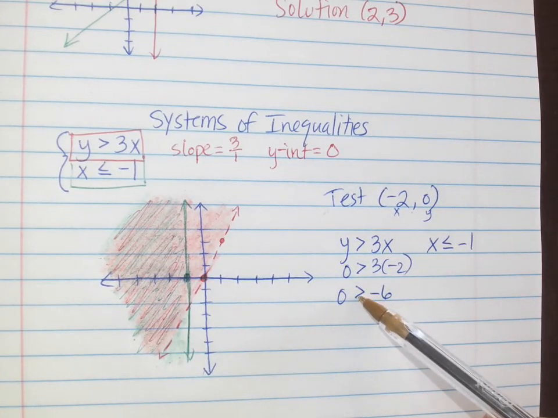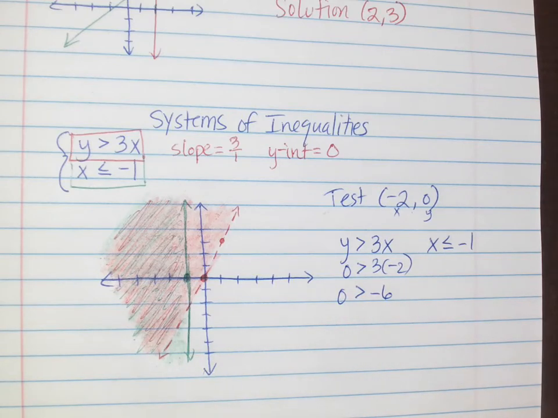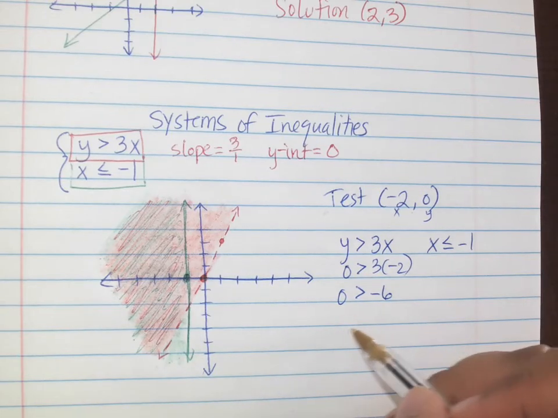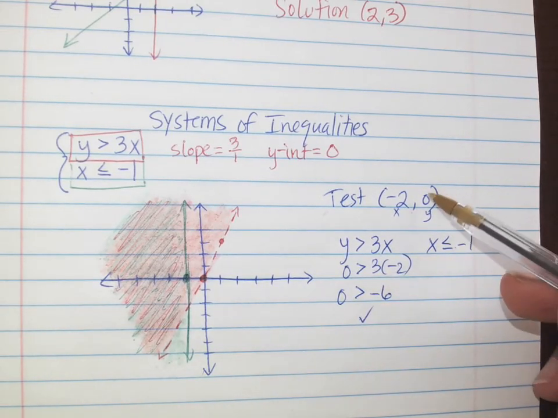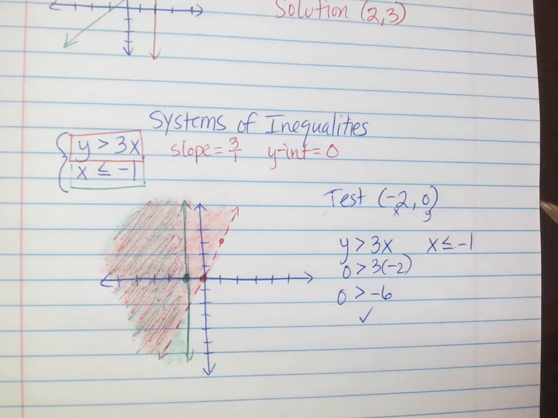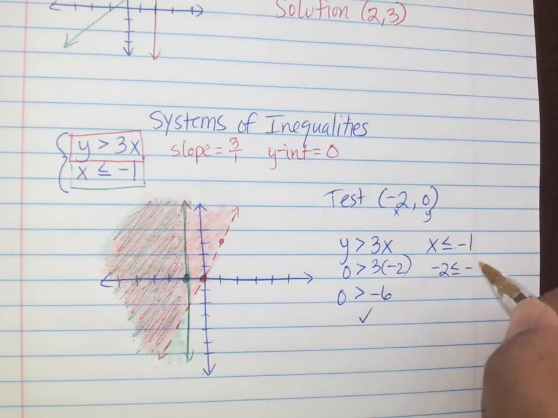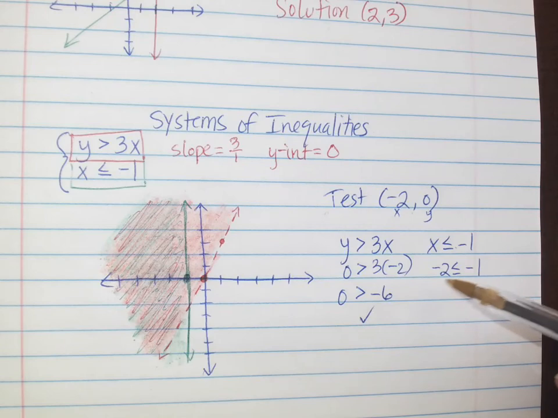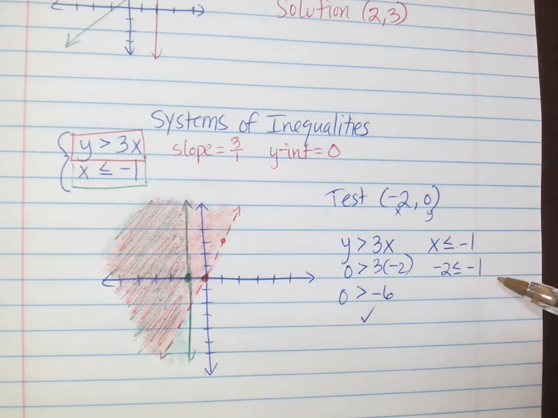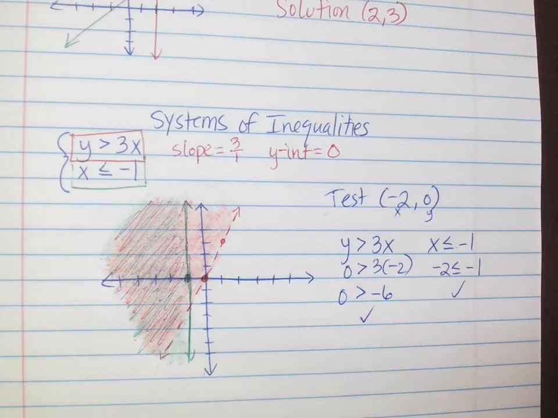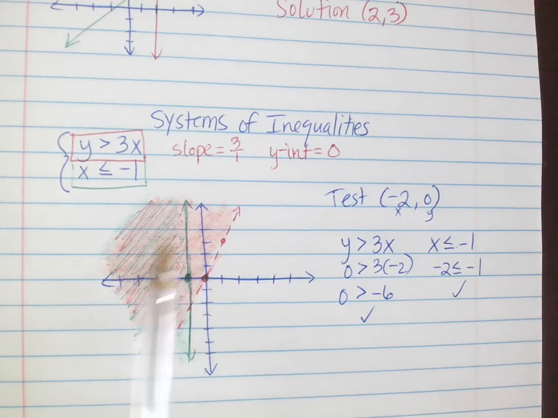Is 0 greater than -6? Yes, it is. So that one works. Let's plug in here. We don't have any y to plug in, but we do have an x. So -2 is less than or equal to -1. Is that true? Yes, it is. So we know this is the correct region that we shaded.